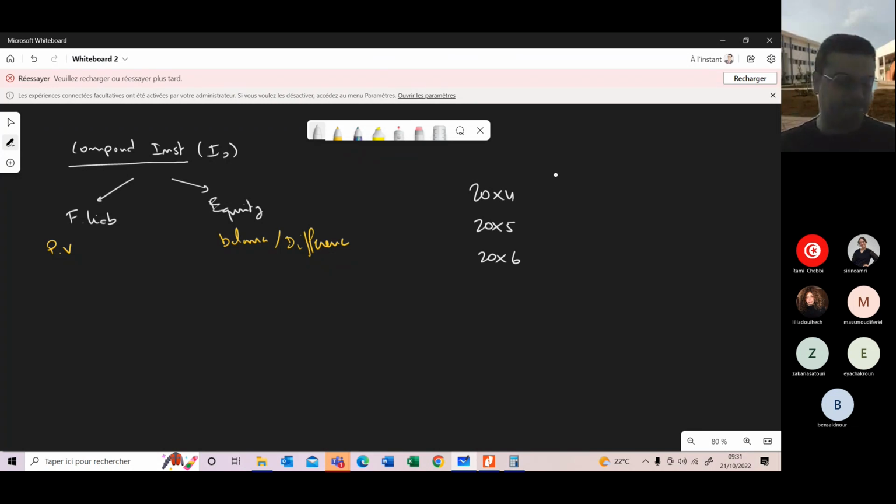These are 3 years. The first column is related to the cash flow. The second column is the discount factor, the present value factor. And finally, this is the discounted cash flow.